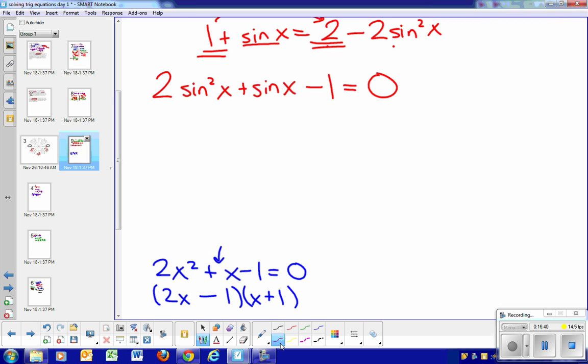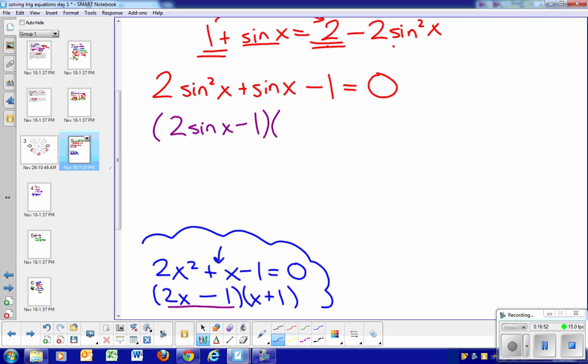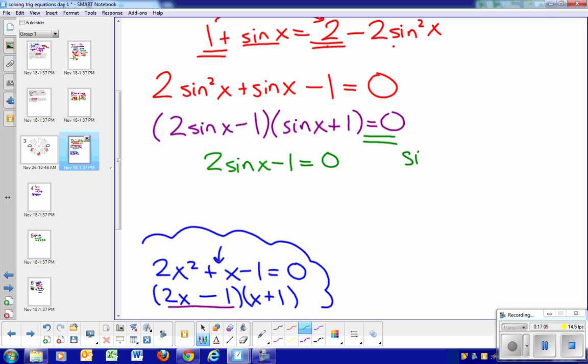So I'm going to use that information in my actual question up above. So my 2 factors are 2 sine x minus 1 and sine x plus 1. And once I have factored form set equal to 0, that means one of the factors has to be 0. If the first factor is 0, that would mean sine of x is a half. If the second factor is 0, that means sine of x equals negative 1.